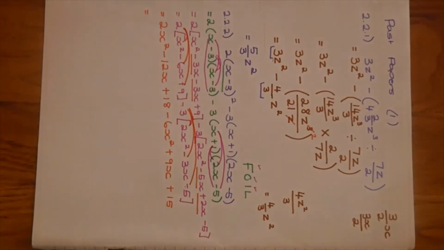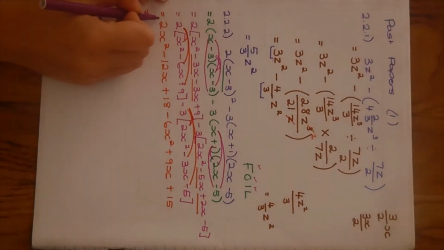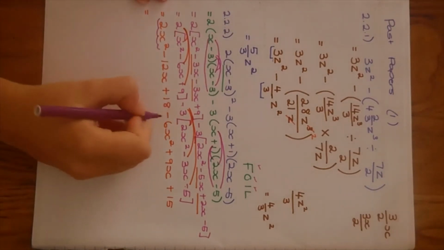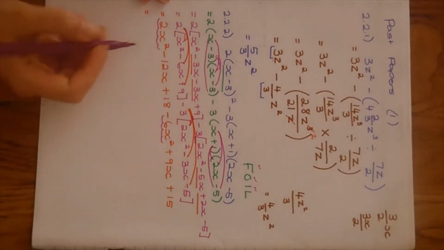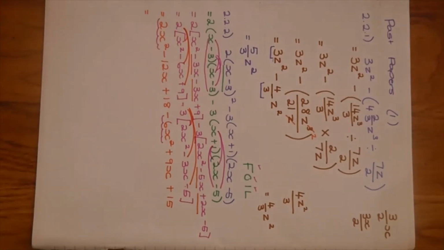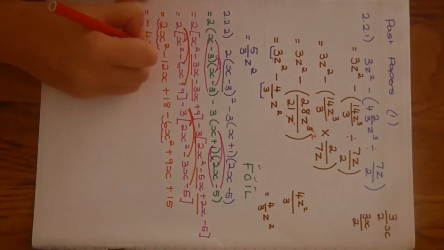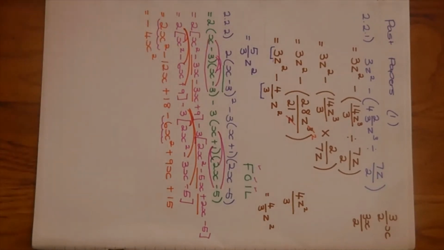I know these are quite difficult, but you can practice lots of them till you understand. Now we're going to add up the like terms. So, do I have any other x squareds? Here's another x squared. Okay, so 2x squared minus 6x squared is minus 4x squared.